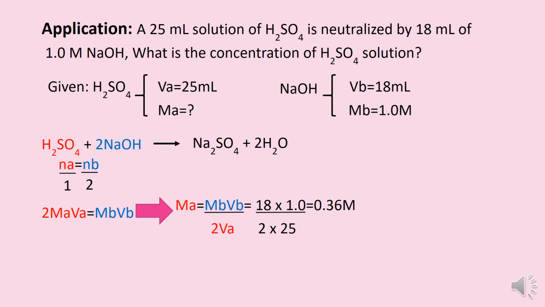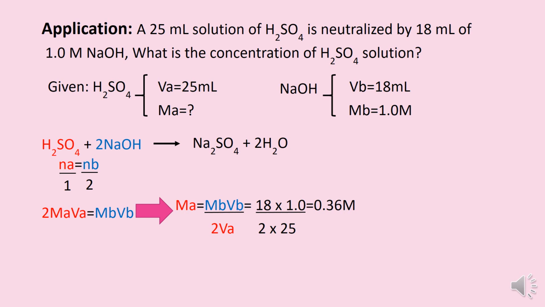Its volume, the volume of the solution is 18 milliliter, and the molarity of this basic solution is 1.0 molar. Now we can write the equation. The equation is sulfuric acid H2SO4 plus 2 NaOH, that gives Na2SO4 plus 2H2O.